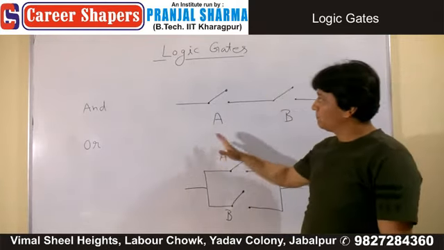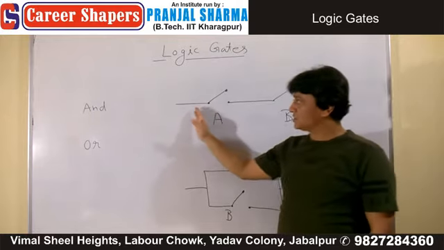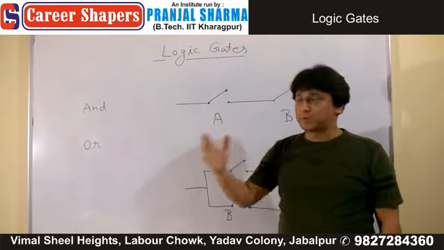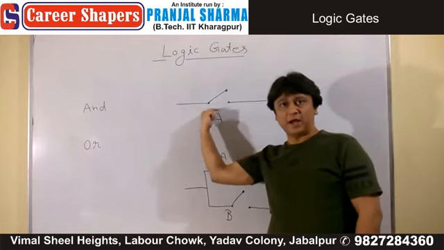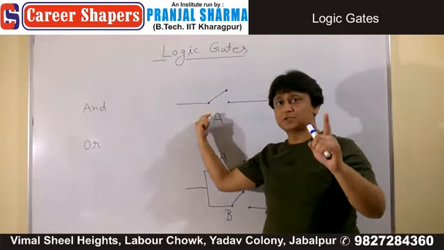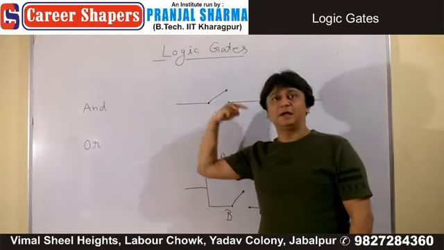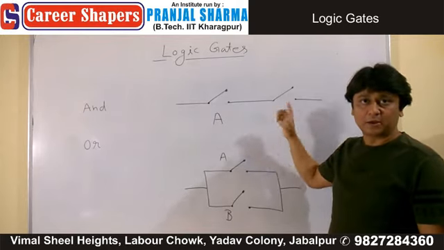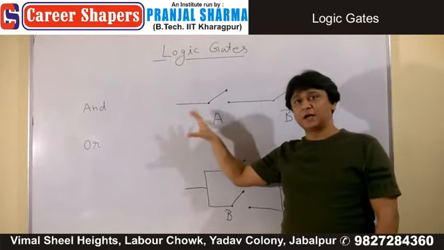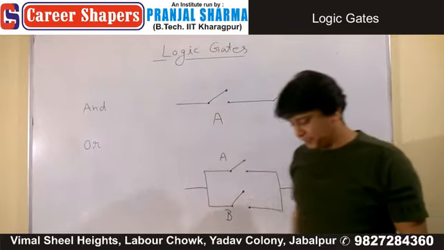In this, how do you explain this? First, current will flow through A, and then it will flow through B.